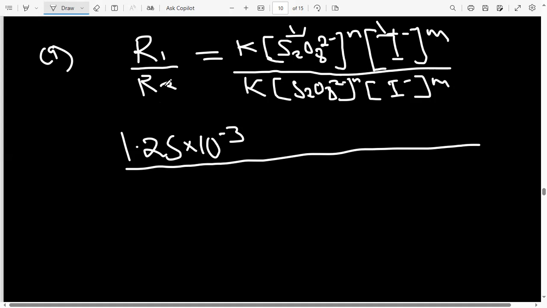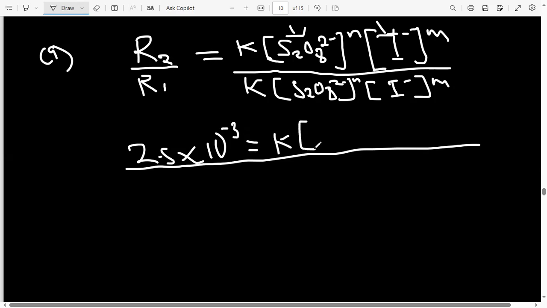Okay, I should start with the bigger number on top here. So let's write rate 2 on top and then rate 1 down. What is the rate of rate 2? It's 2.5 multiplied by 10 to the power minus 3, equals k.